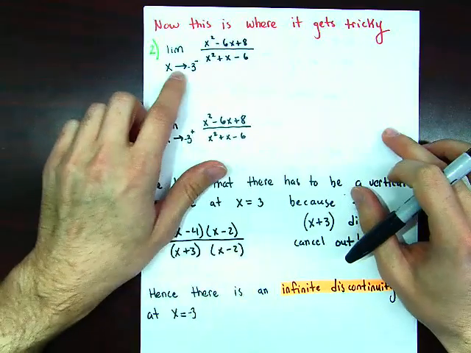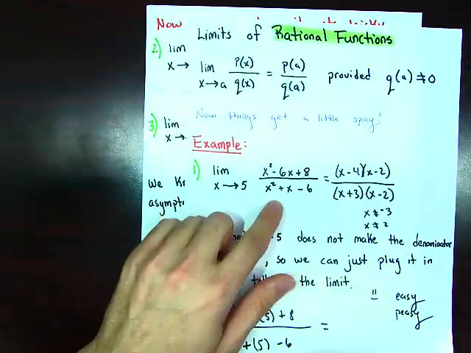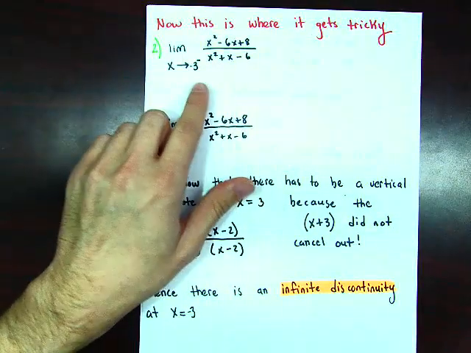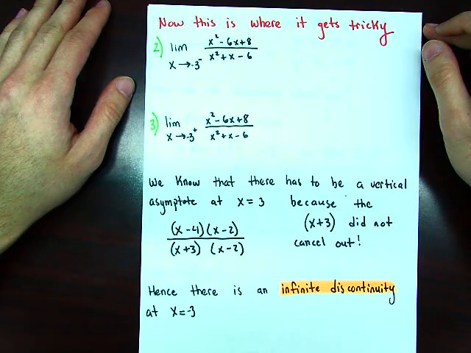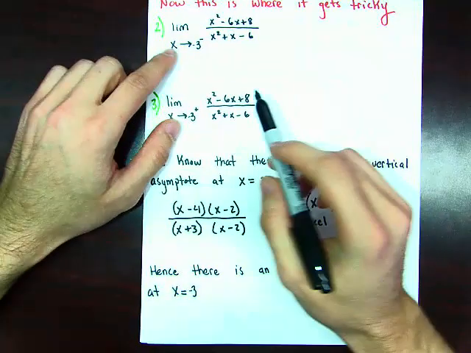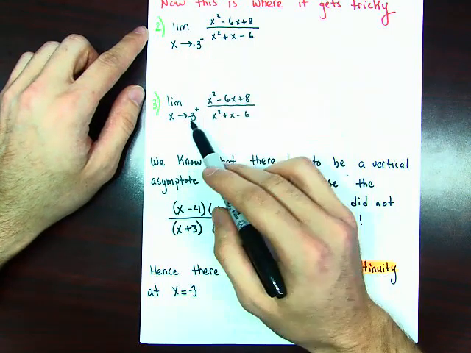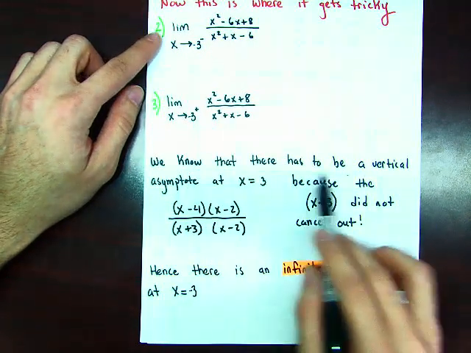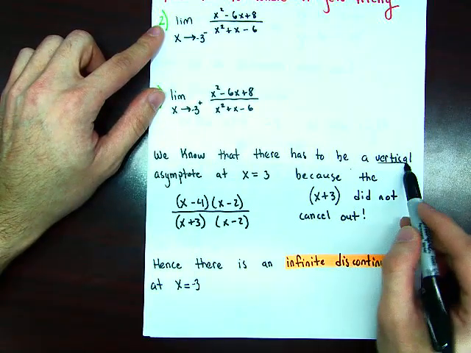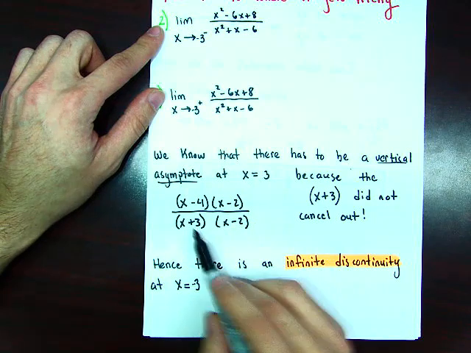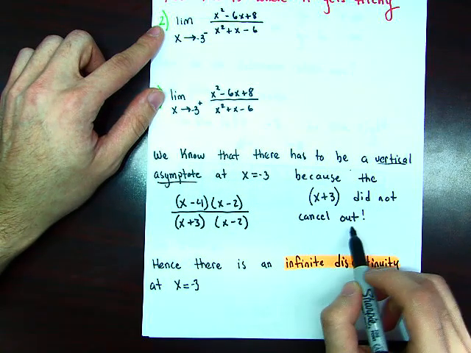Here, notice that we have the same polynomial function, right? We're just trying to experiment with what this looks like. Here, this is where it gets a little tricky. We know that if I want to find the limit as x approaches -3 from the left and -3 from the right, remember, when we factored this, there has to be some vertical asymptote at x equals, I'm sorry, this should be a -3, because the x plus 3 did not cancel out.